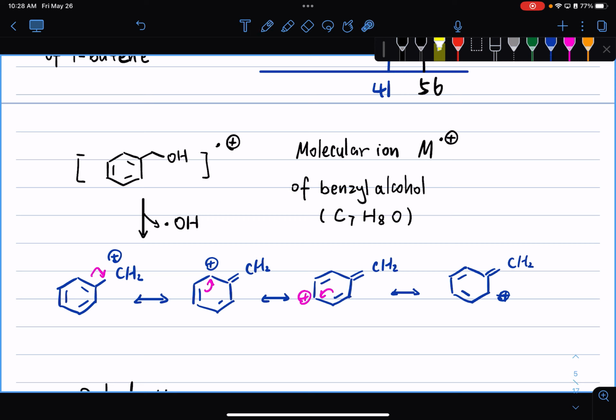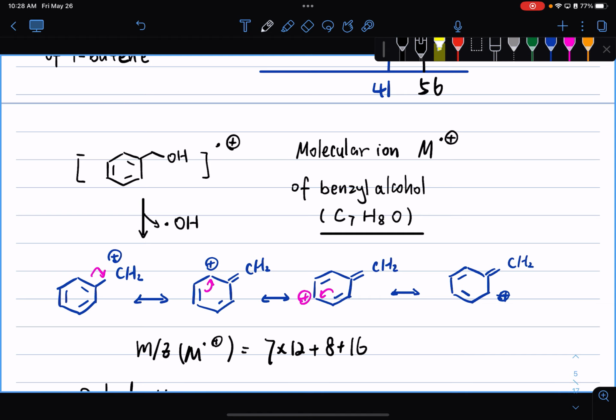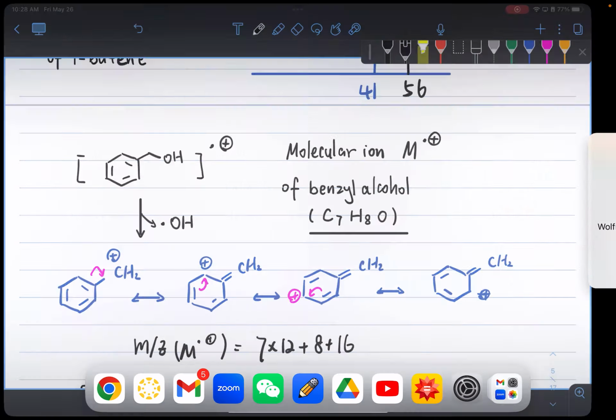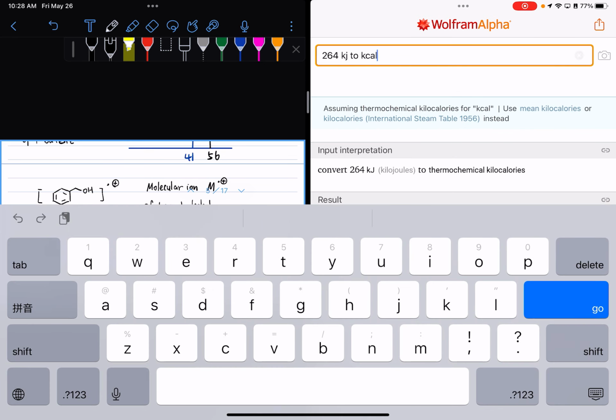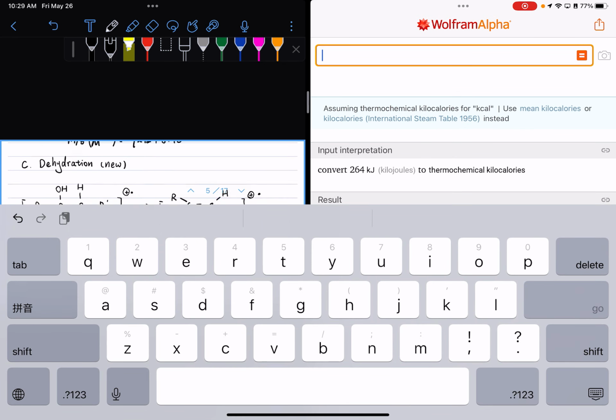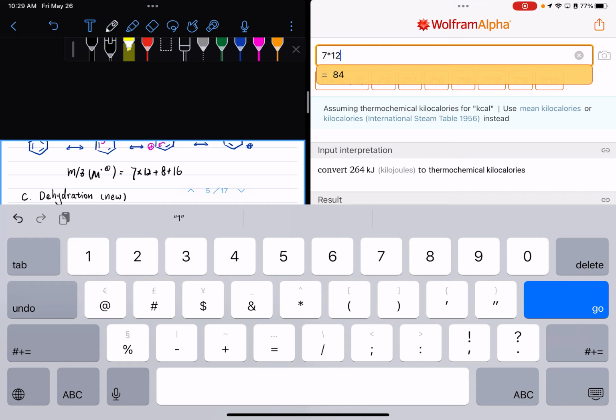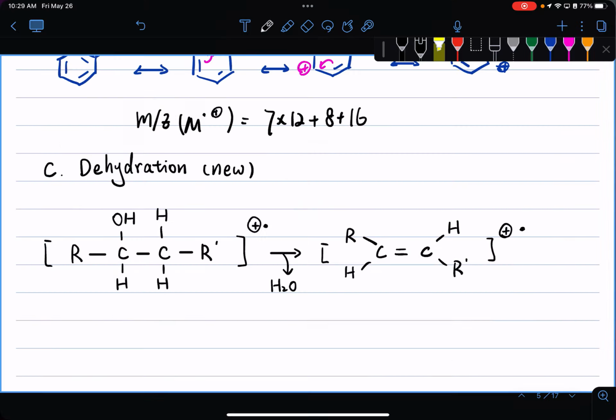So again, two different ways you can do it. You can calculate the M plus, and we know the M dot plus would have the m/z equal to 7 times 12 plus 8 plus 16, that's 108.